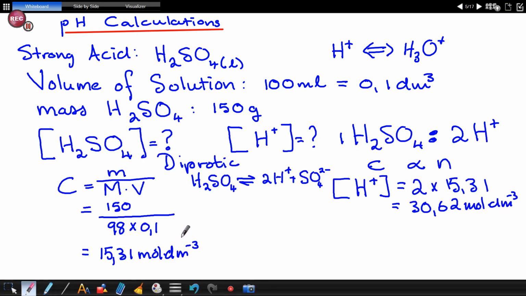Okay. Now, what's the pH of this solution? Negative log of 30.62. Negative 1.49. That's a very strong acid. Yes, but you chose it to be 150 grams of sulfuric acid in 100 milliliters of water.